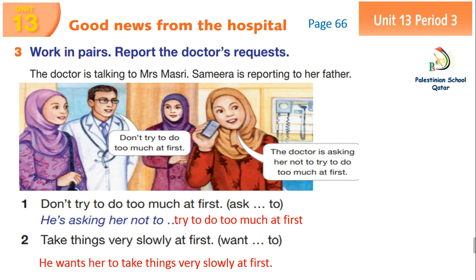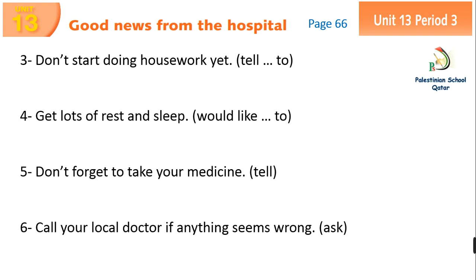Clear, everyone? Number three, don't start doing housework yet. Don't forget here we have a negative, so it becomes like this. He is telling her not to start doing housework yet.